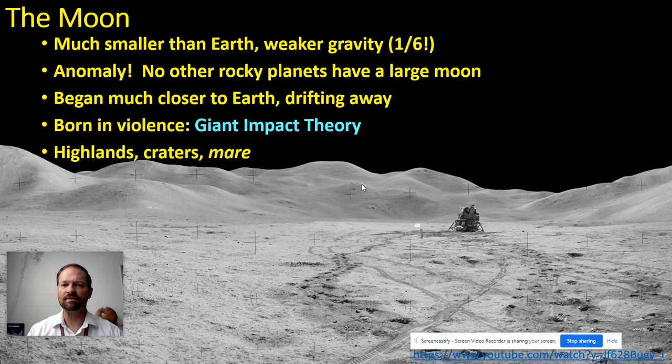It's much smaller than Earth, and because it is less massive, it has a weaker force of gravity, 1/6 of the gravity that we're used to here on the Earth. So if you're, let's say, 150 pounds, I'm picking a random number, take 1/6 of that, 150 divided by 6, boom.